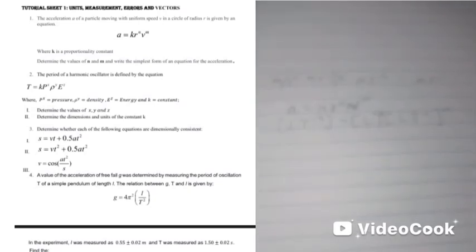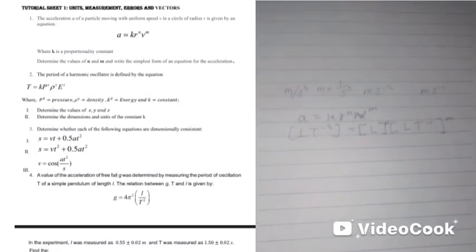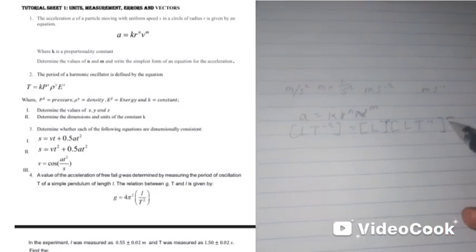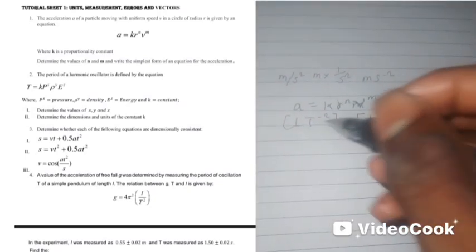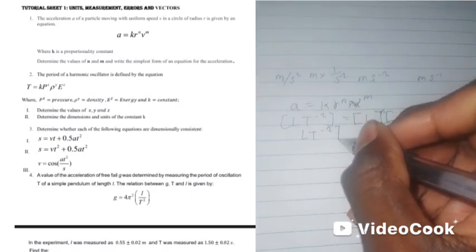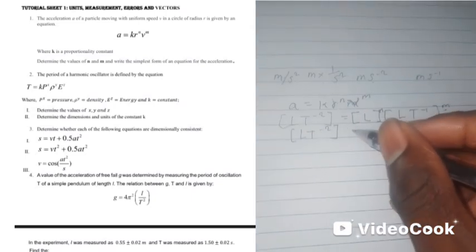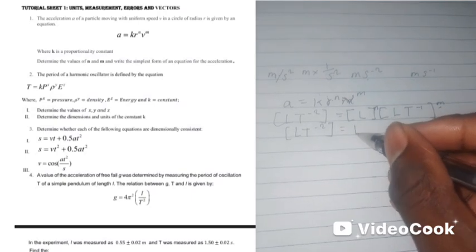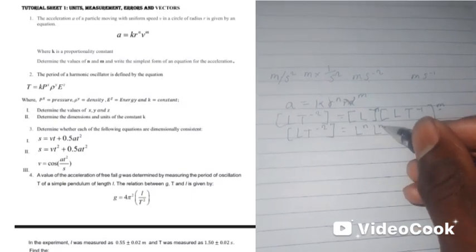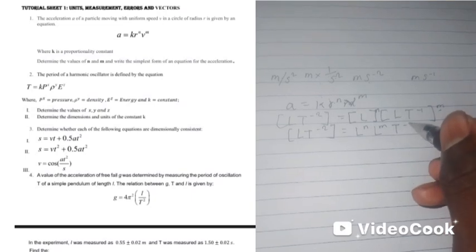Now from here, let's distribute this m. That's going to give us LT negative 2 is equal to L to the power of n, L to the power of m, and T to the power of negative m.